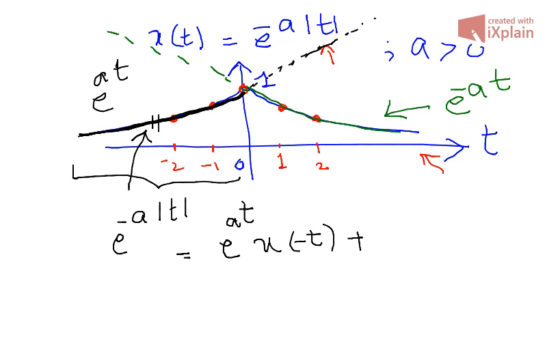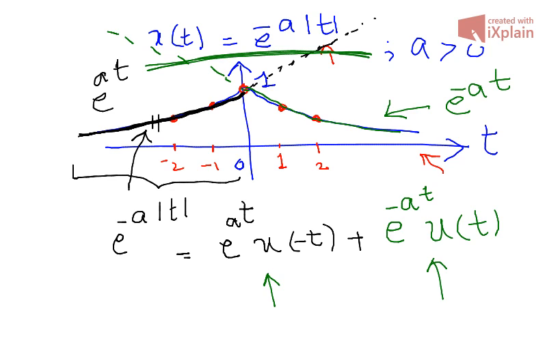Now I am removing that absolute sign, so this would be e raised to the power minus a times t, u of t. So if we add this one with this one, we get this resultant signal x of t. Now there is no absolute sign here because I just replaced it by these two signals, right?